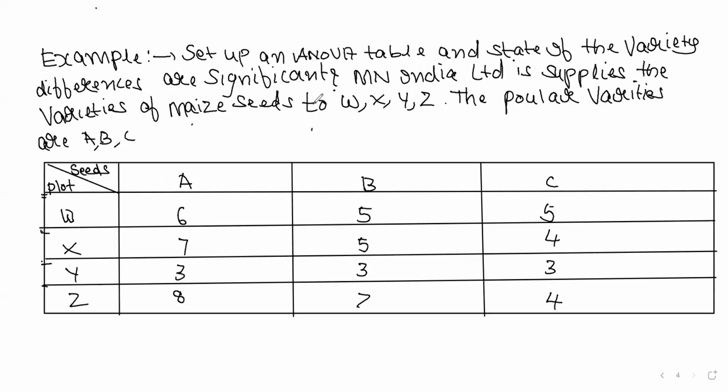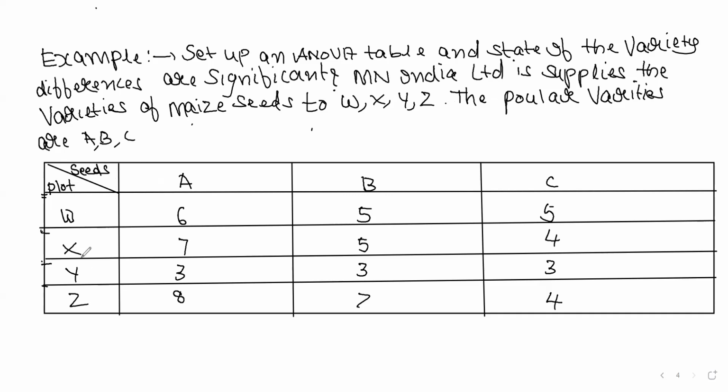Now, set up an Anova table and state if the variety differences are significant. MN India Limited supplies varieties of maize seeds to WXYZ. The popular varieties are A, B, C. Now, look here, it is given. Seeds are given, plots are given.